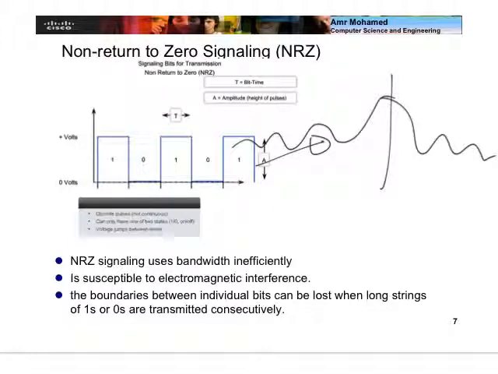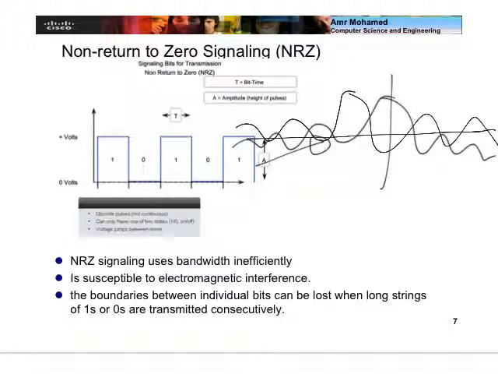Another problem is that it's very susceptible to electronic or electromagnetic interference, just because of the fact that we have a very wide spectrum here. So another bit will be represented using another frequency signal like this. So you cannot actually separate the signals from each other, so they tend to interfere with each other.